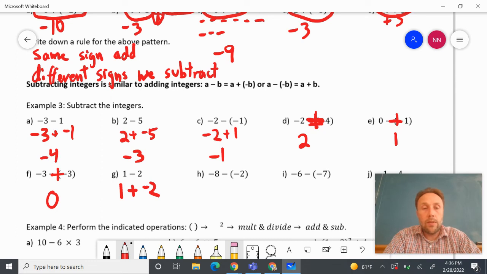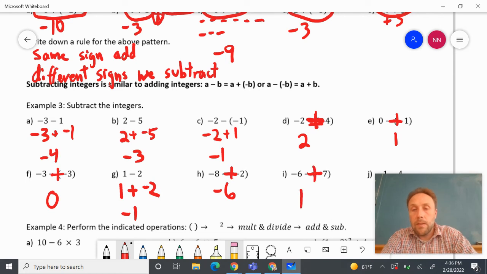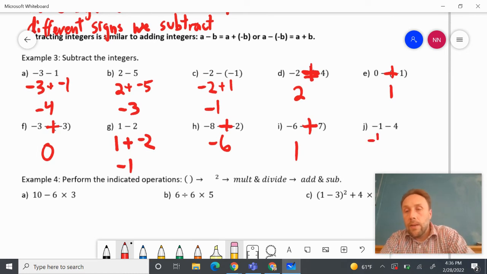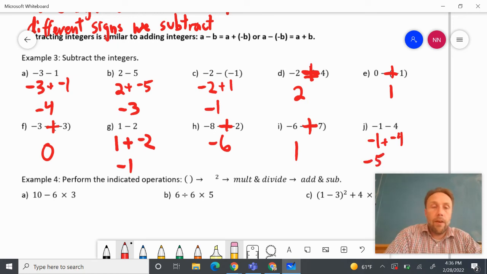Different signs we're going to subtract. If we subtract a negative, it becomes a positive, so that'd be a negative 6. Subtract a negative, becomes a positive, so that would be positive 1. And then for our last one, negative 1 plus a negative 4, same signs, we're going to add them, so that would be a negative 5.